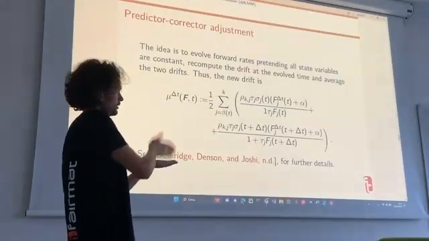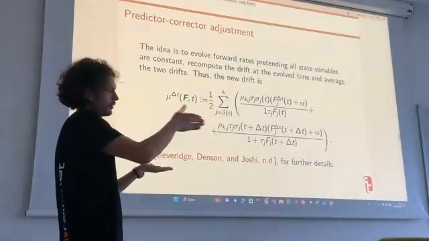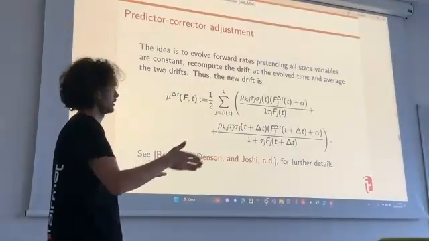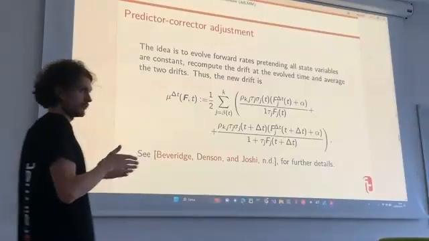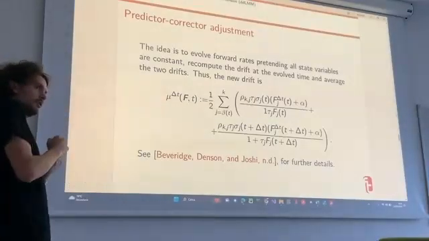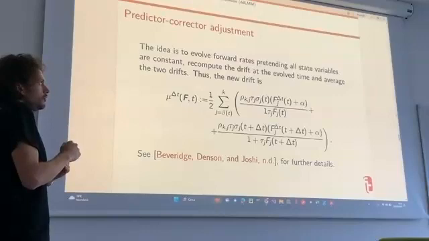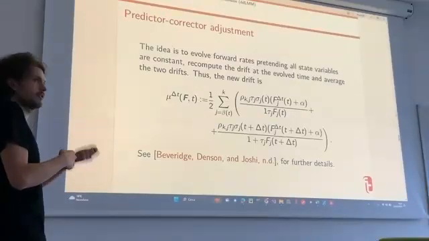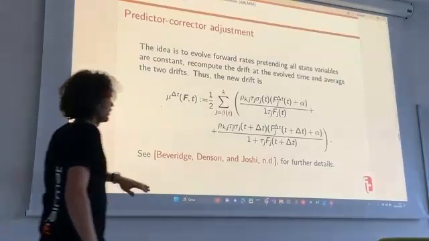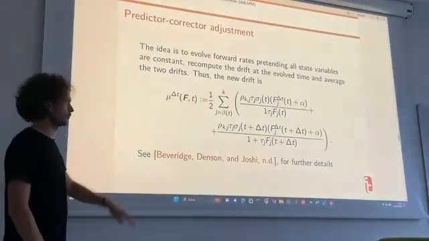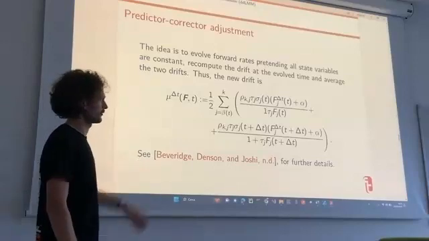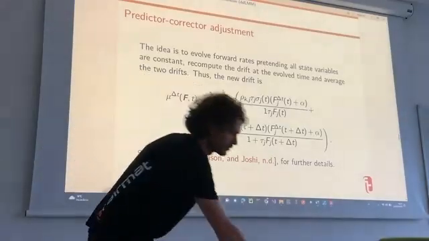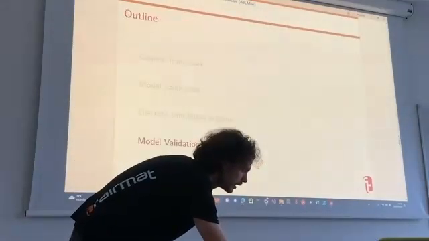We are at time t, then we have our drift at time t plus delta t. We are averaging such a drift, and then we are using the same noise in order to let the process evolve, but with a different drift. Once again, if you want to see more, you can refer to this work, which is included in the references.